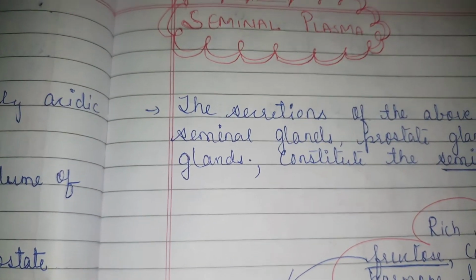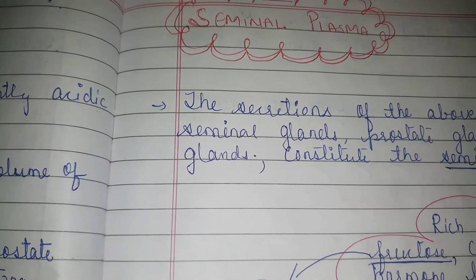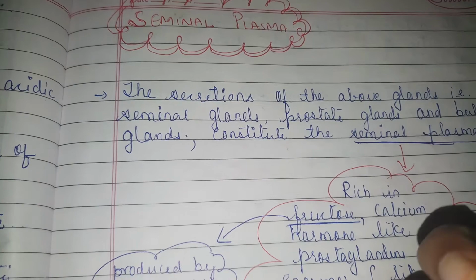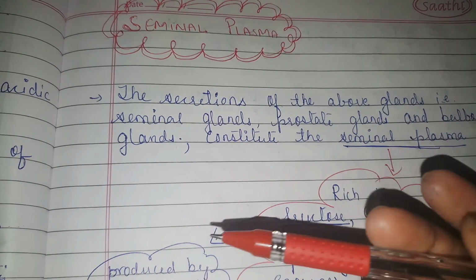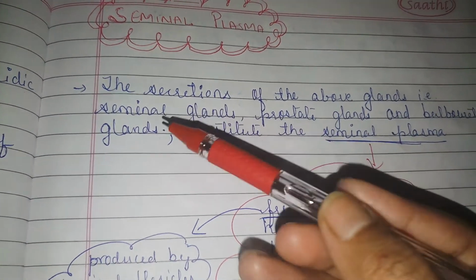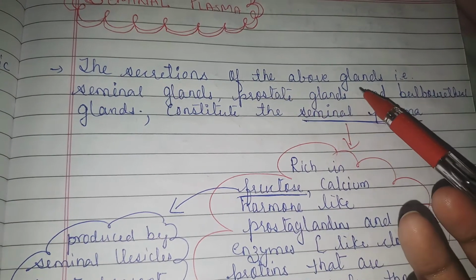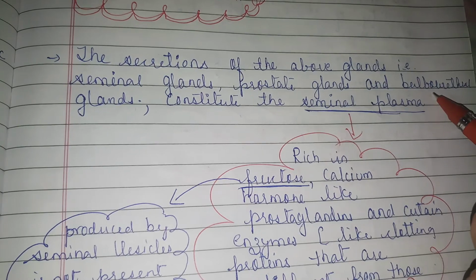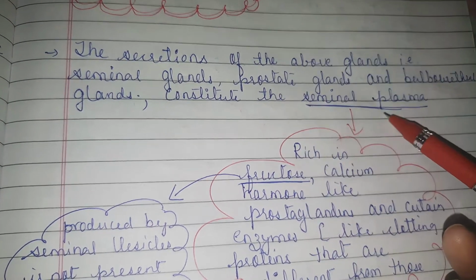Let's talk about the next topic, seminal plasma. As I told you, seminal plasma is the collective term given for the secretion of all these three glands. The secretions of the seminal gland, prostate gland and bulbourethral gland constitute the seminal plasma.